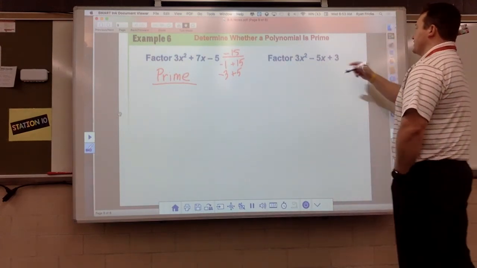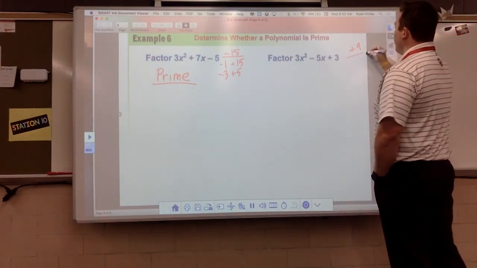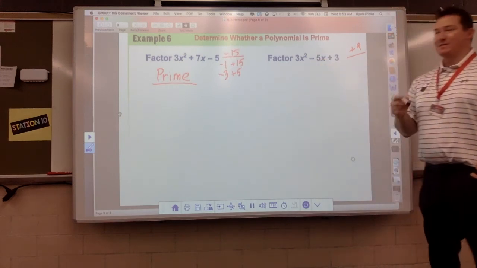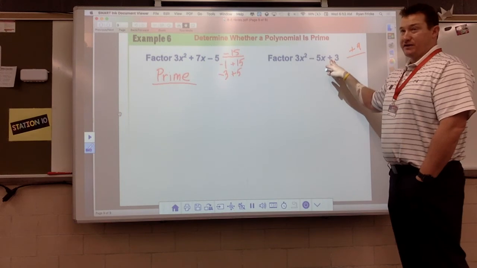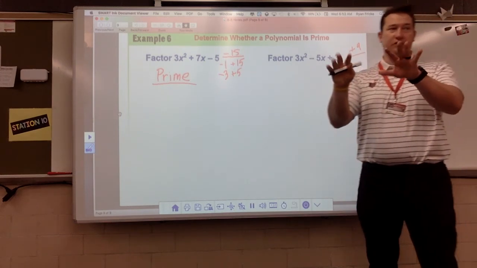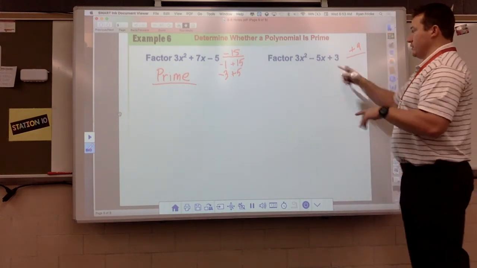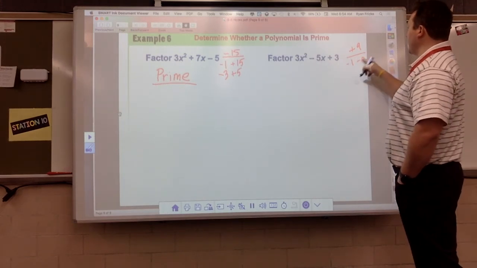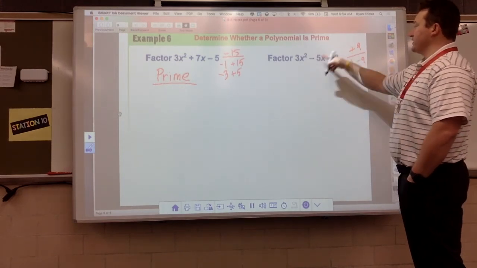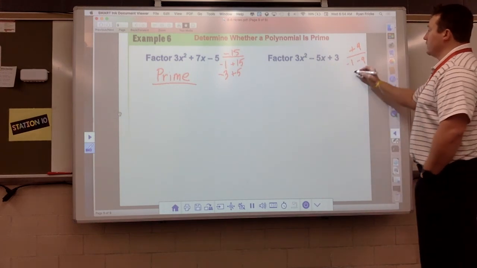3 and 3. So this is going to be numbers that multiply to positive 9. At the same time, they add up to negative 5. So we're multiplying to a positive, so 2 positive numbers, or we could have 2 negative numbers, which are what we want because they're going to add up to a negative. So negative 1, negative 9 would clearly multiply to a positive, but not add up to that.